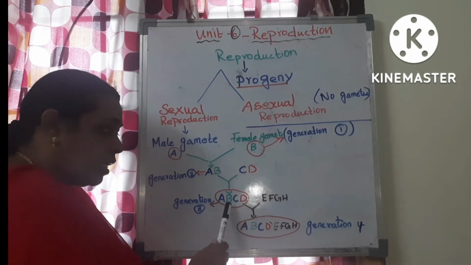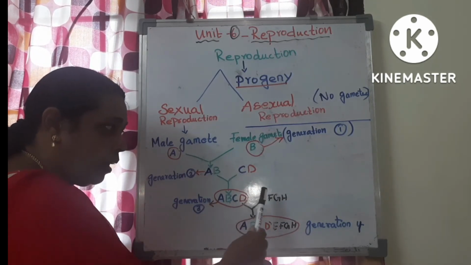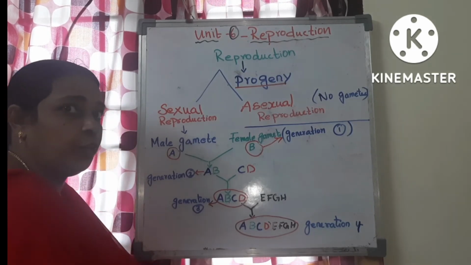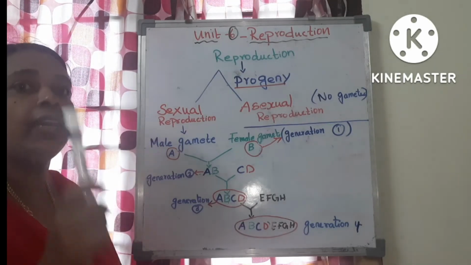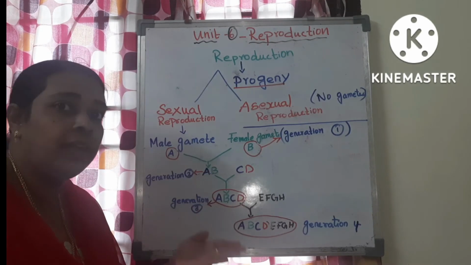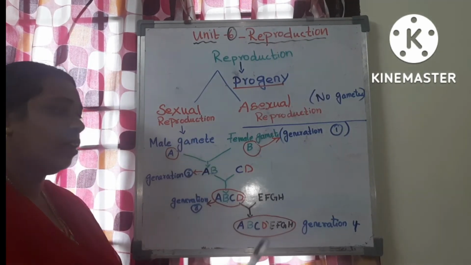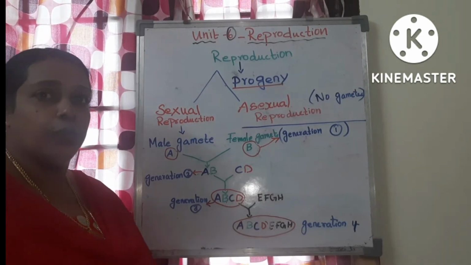After a few years, this one may die, but they both combine and form another progeny. Generation 4 is continuing. So even though individual organisms are dying now and then, the species survives for many million years. Generations will go on like this: generation 5, 6, 7, 8, for millions of years.